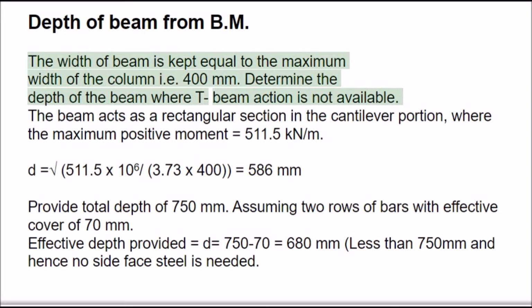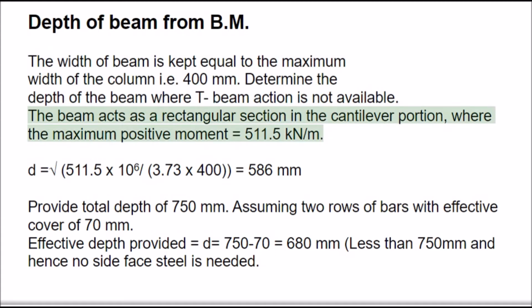Depth of beam from BM. The width of beam is kept equal to the maximum width of the column, i.e. 400 mm. Determine the depth of the beam where T-beam action is not available. The beam acts as a rectangular section in the cantilever portion, where the maximum positive moment equals 511.5 kN.m. d equals square root of 511.5 x 10⁶/(3.73 x 400) equals 586 mm.